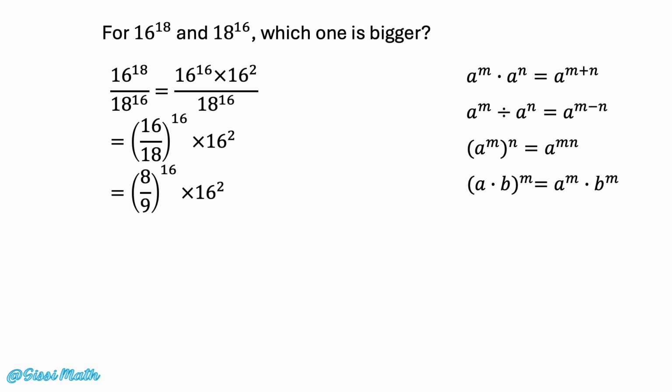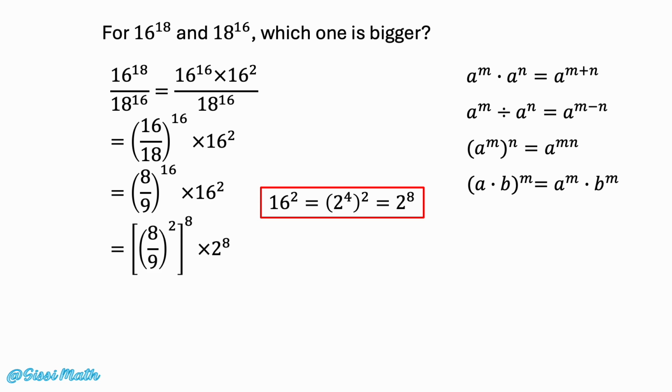For the first fraction, 16 divided by 18, we can reduce the fraction by canceling a common factor, which is 2. So we get 8 divided by 9. And for the second part, 16 squared, we can transform it into 2 to the power of 8.